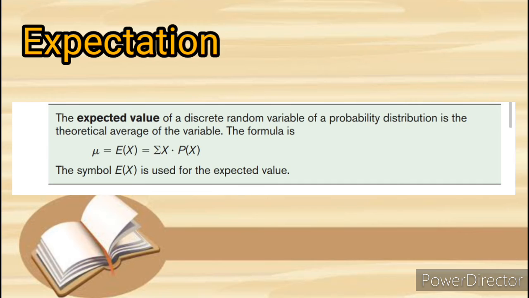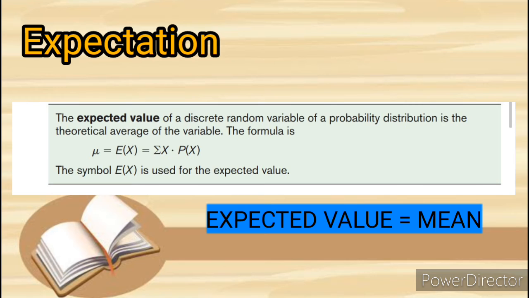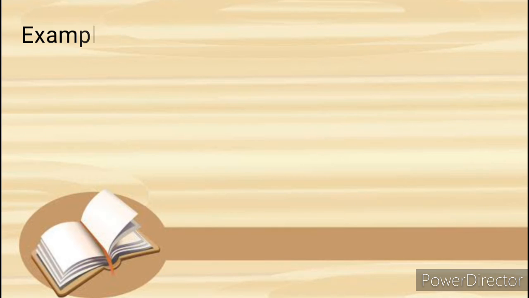The symbol E of x is used for the expected value. The formula for the expected value is the same as the formula of mean. The expected value then is the theoretical mean of the probability distribution. That is, expected value is equal to mean. When expected value problems involve money, it is customary to round the answer to the nearest cent.